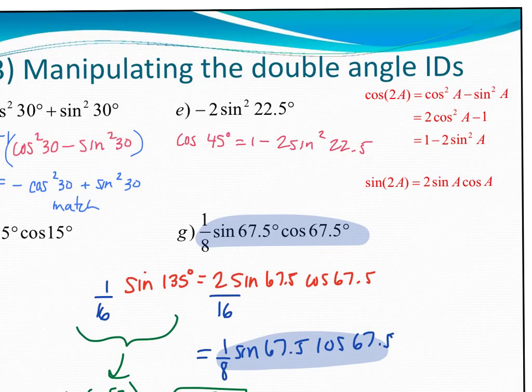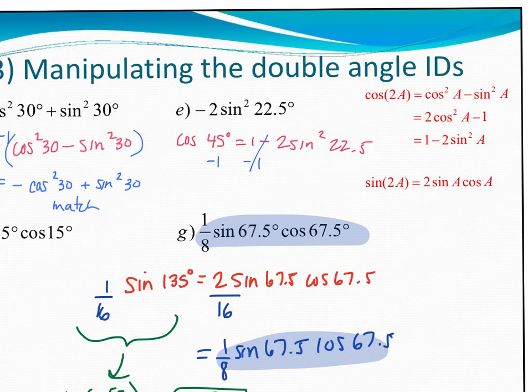If we compare this, it looks almost the same. The only difference is that my target doesn't have a 1 there. Well, how do I fix that problem? I subtract a 1 from both sides. So if I subtract a 1 and subtract a 1, now I have a match.